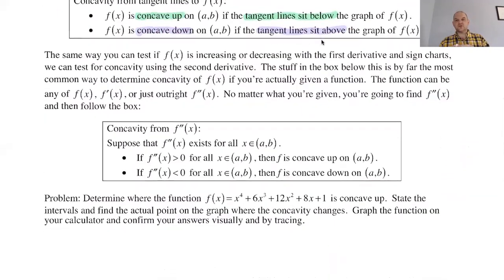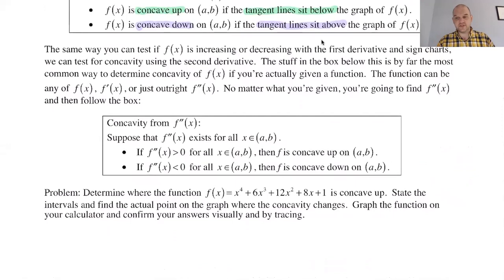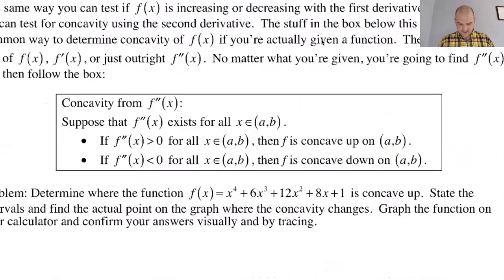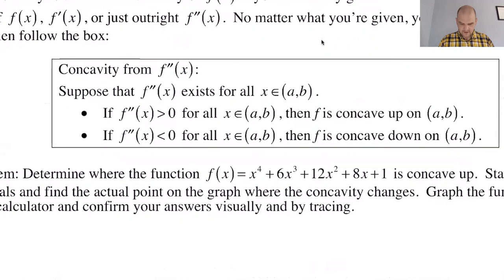The most direct way, if you're given f of x and you can calculate f double prime, is to just go ahead and do it. And then we can get concavity from f double prime. So if f double prime is greater than 0, which would mean that f prime is increasing, so f prime increasing, f double prime positive, either of those mean f is concave up.